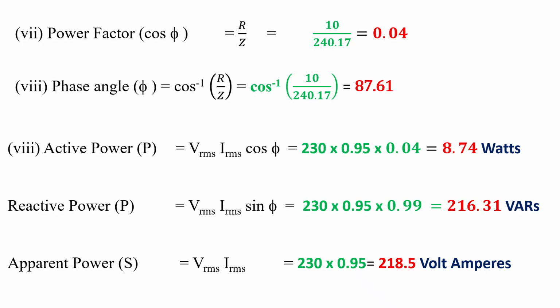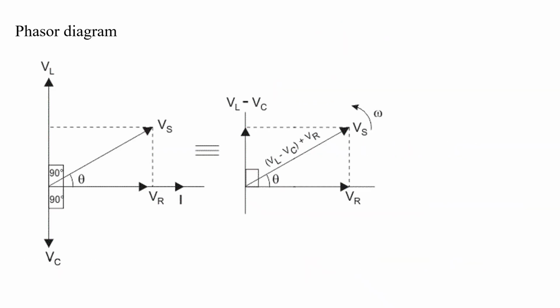So after finding out all the things, we go for the phasor diagram. Since we have three different voltages caused by the three passive elements, resistance, inductance, and capacitance.